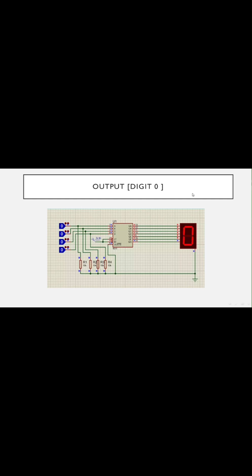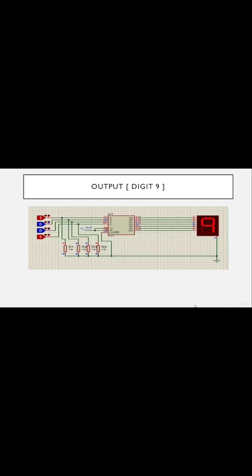We have 10 digits from 0 to 9. Here the last output, digit 9, and how to form it. 1001. So it will give me a 9.